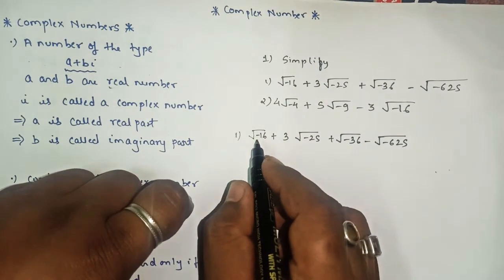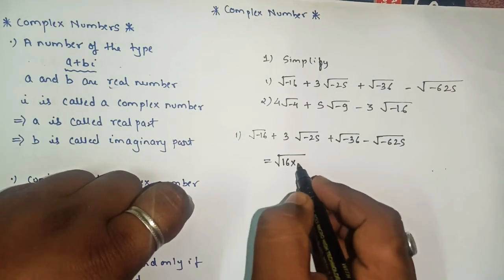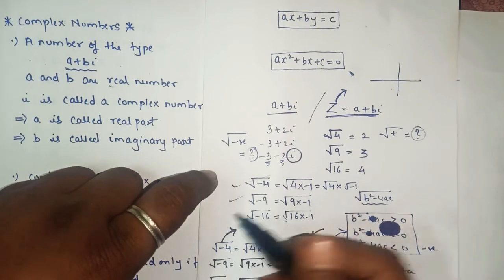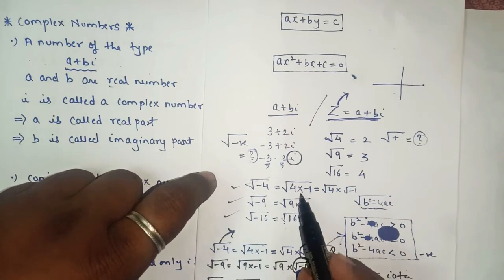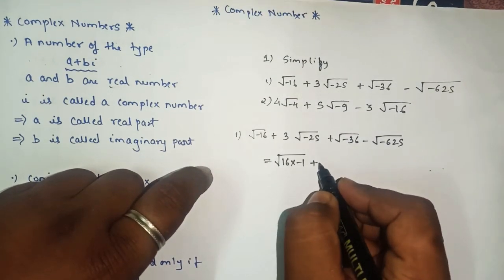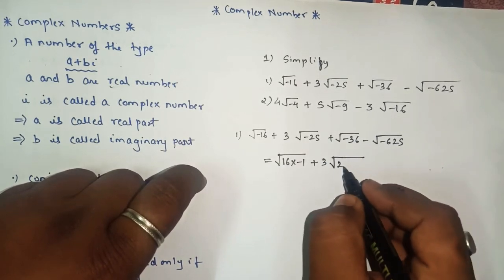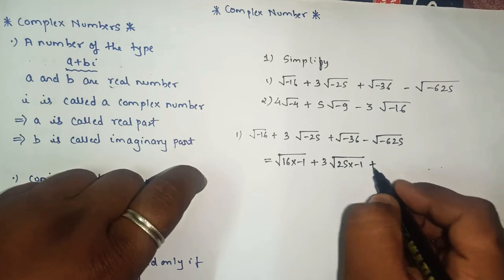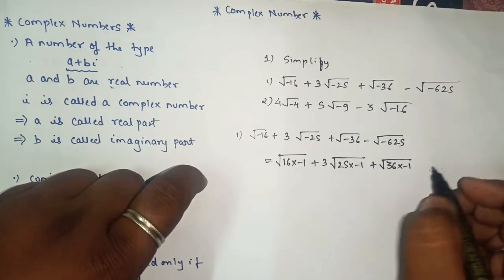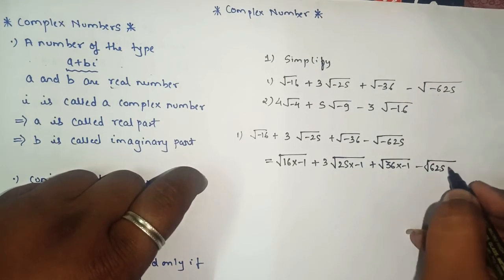And we know that this minus 16 we can write as 16 into minus 1, as in the last video lecture I had explained how we can write the square root of a negative number with respect to minus 1, yes or no. So plus 3, this we can write as 25 into minus 1, plus root 36 into minus 1, minus root 625 into minus 1.